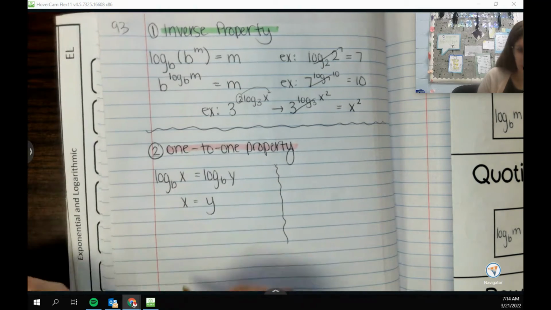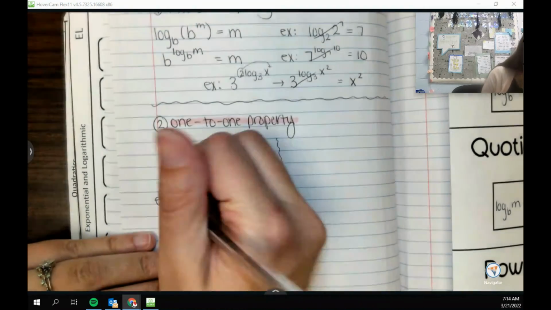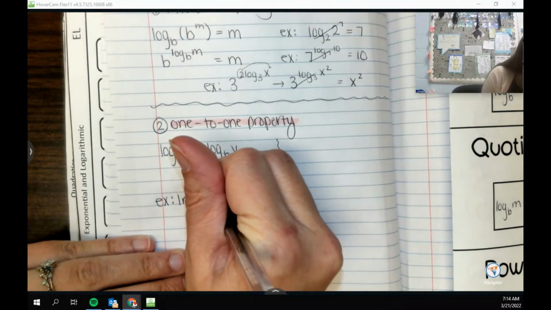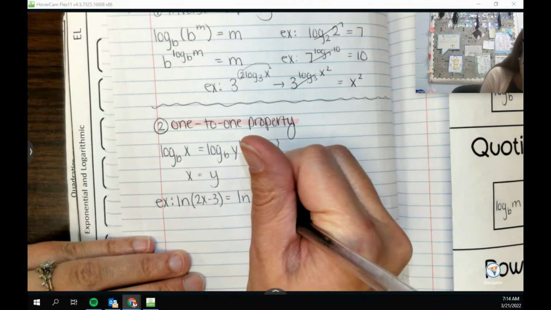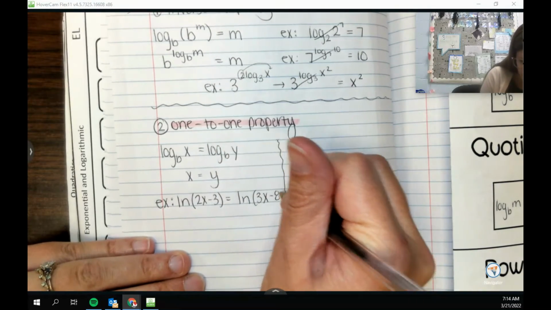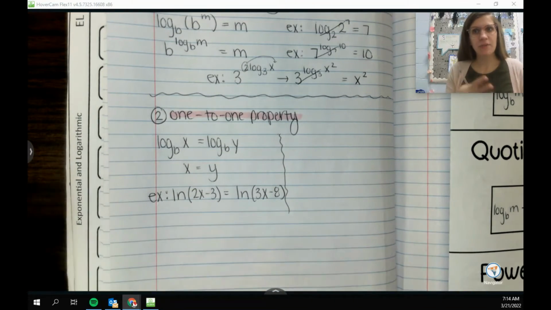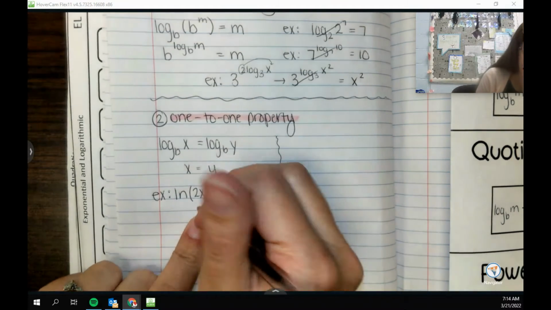Because I have one logarithm equal to one logarithm, and they're the same, the stuff inside should be the same. So an example would be if I had the natural log of 2x minus 3 equals the natural log of 3x minus 8. Because I have one logarithm equal to one logarithm, the stuff on the inside should just be the same.